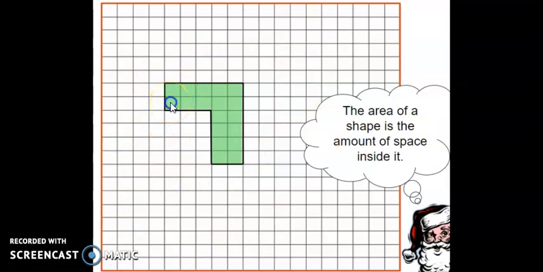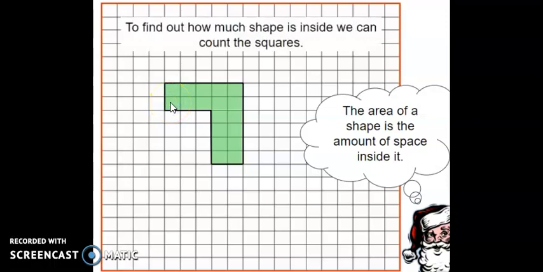For example, if I start counting the grid of squares, it will be 1, 2, 3, 4, 5, 6, 7, 8, 9, 10, 11, 12, 13, 14, 15, 16, 17, 18.